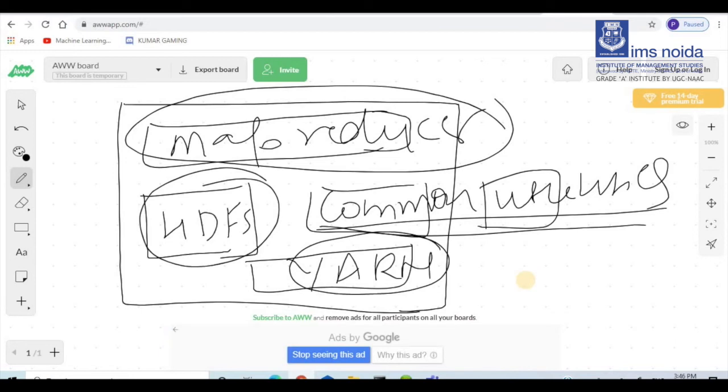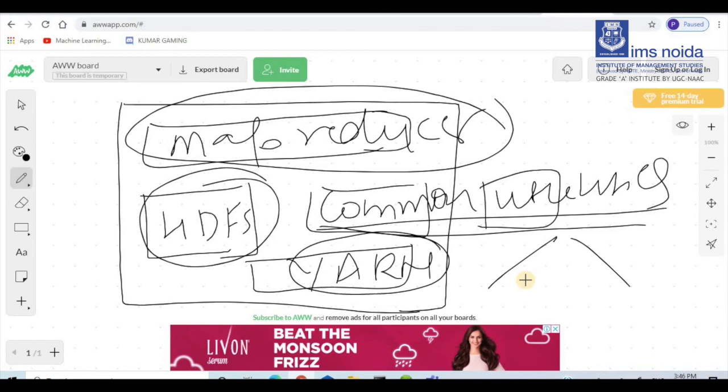Hadoop, when the data comes to Hadoop, what exactly does it do? Hadoop always divides it into two parts, one which is the file and the other which is the directory. After dividing into files and directories, each file is stored uniquely, then the file is again divided into blocks, and those blocks are of uniform size.